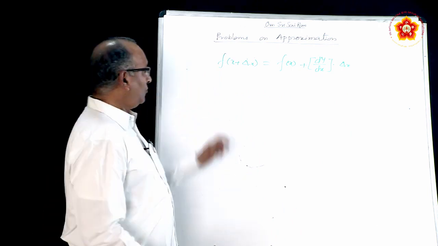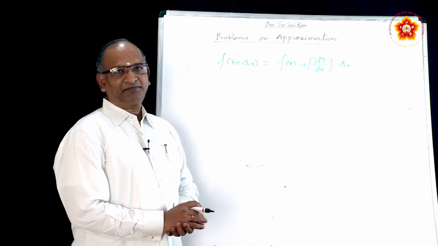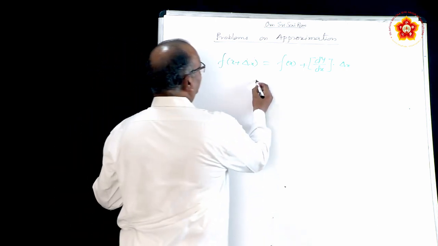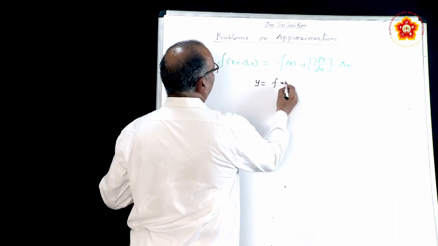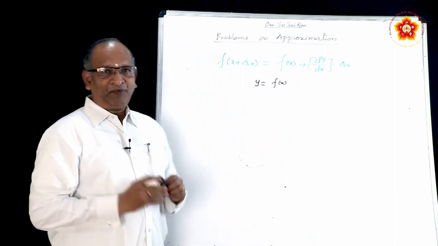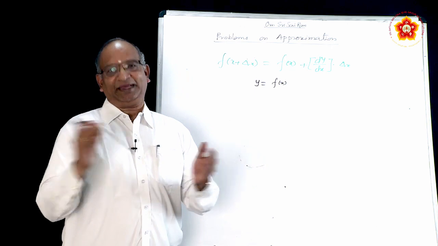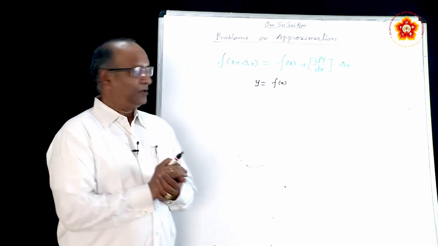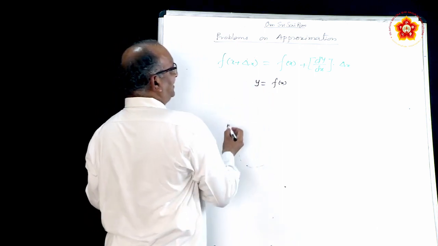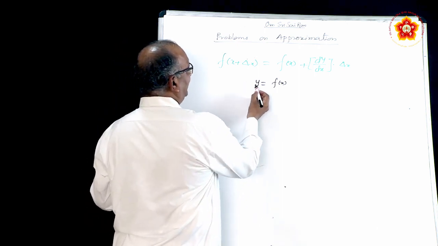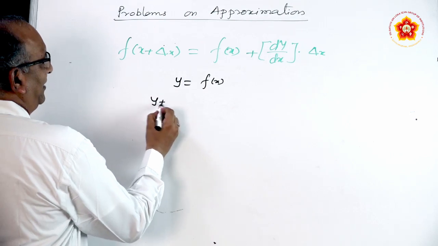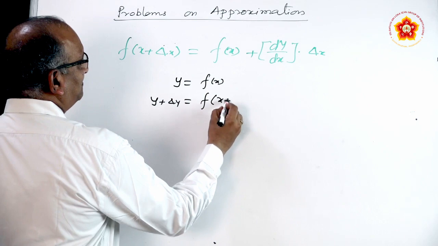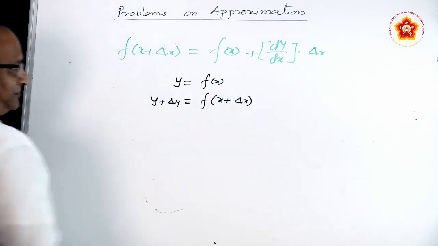Now, what does this f of x mean? It is nothing but a function which we generally call y is equal to f of x. When there is small increment in x, which we generally represent as delta x, there will be simultaneously small increment in y also, which we call y plus delta y, and this is nothing but f of x plus delta x.